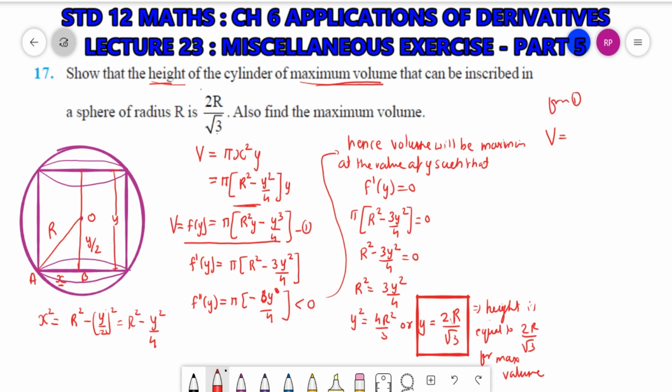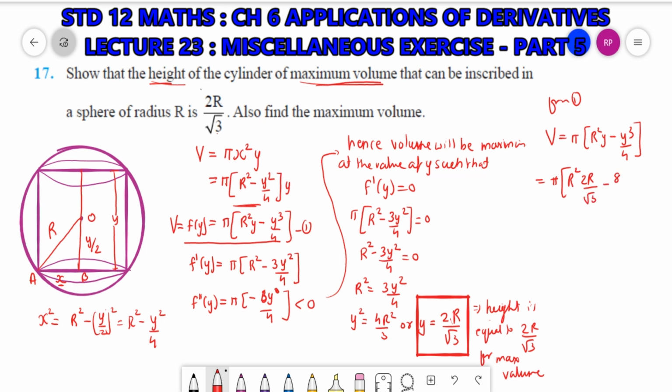From 1, V is equal to pi r square y minus y cube by 4. So this will be equal to pi r square, now what is y? 2r by root 3, minus y cube by 4.